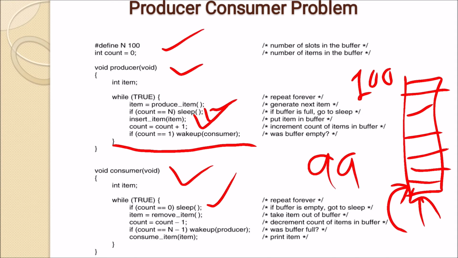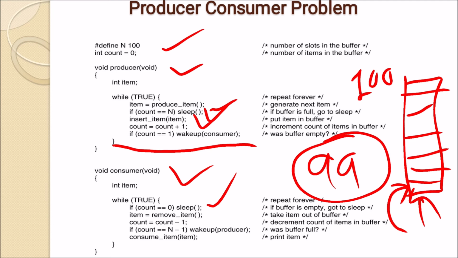So the consumer informs the producer that one buffer slot is empty. For that we are checking whether the value of count is n minus 1, which is nothing but one less than the total number of slots in the buffer.